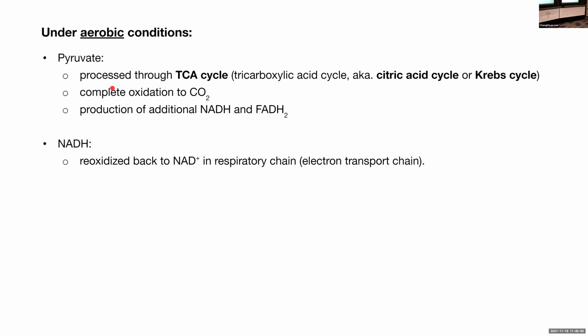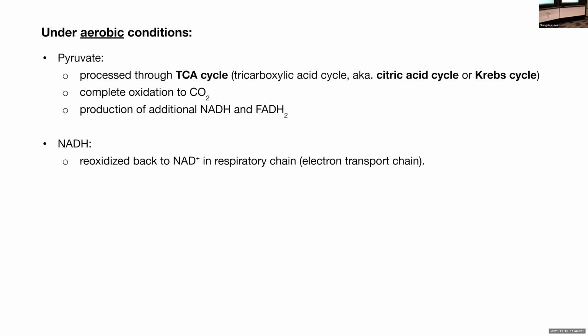Pyruvate is processed further for the complete oxidation of this molecule, and its resultant would be just carbon dioxide molecules. It also produces additional NADH, again resulting from the oxidation of pyruvate, while the coenzyme NAD+ itself is reduced, right?